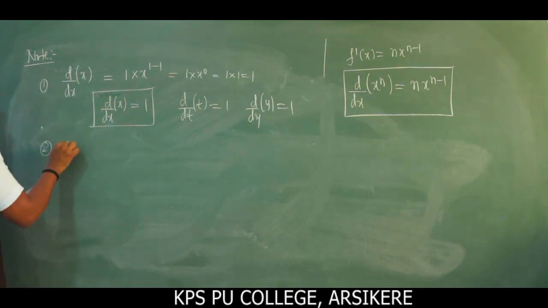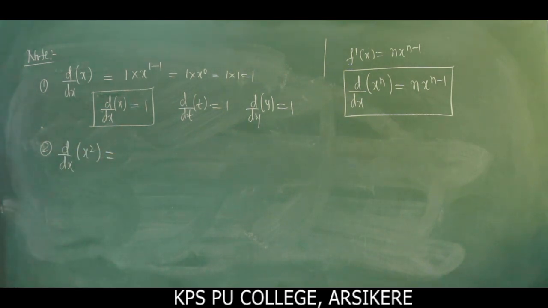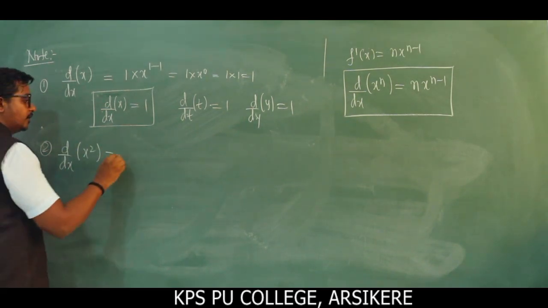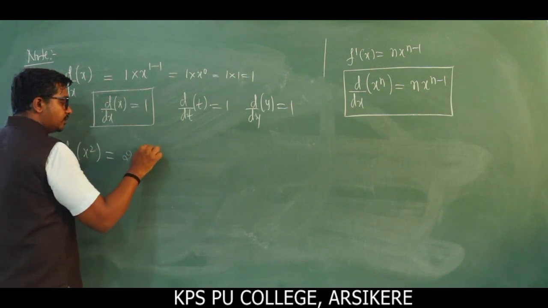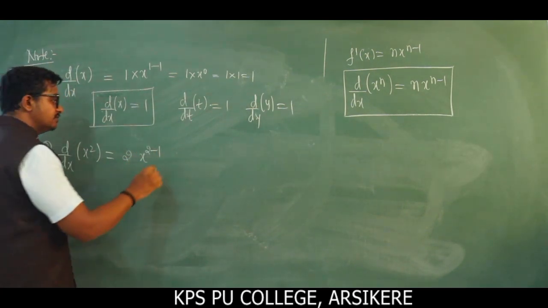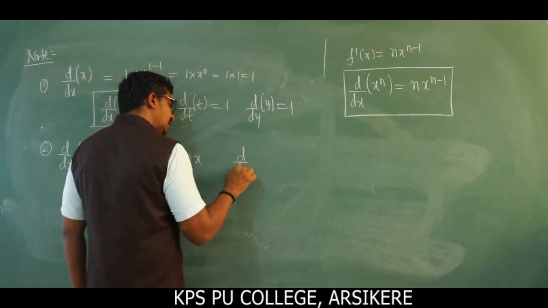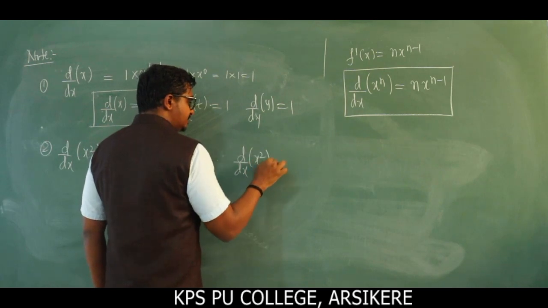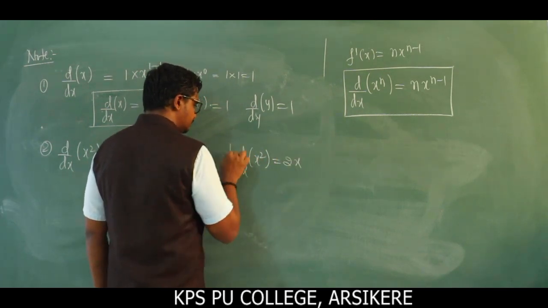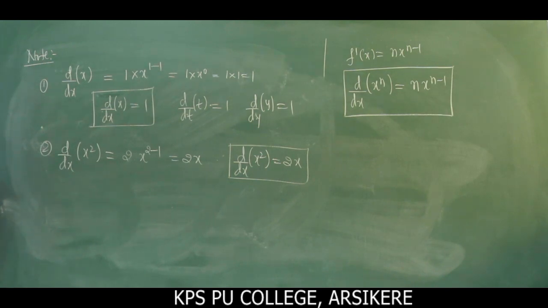Second one, d by dx of x square. So this becomes 2 into x power 2 minus 1, right? Just n into x power n minus 1. This becomes 2 into x. Therefore, d by dx of x square is equal to 2x.